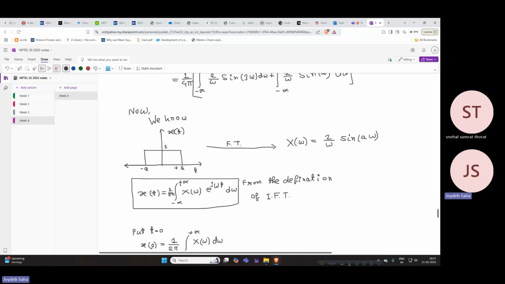If you have any query, you can ask, because this solution was very big, right? But there is no question.